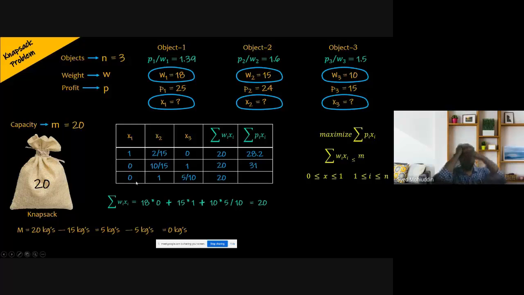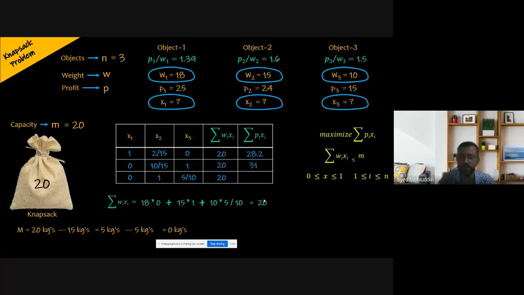So our solution, the fractions we have, is 0 for x1, 1 for x2, and 5 by 10 for x3. If we compute its weight, 18 into 0 plus 15 into 1 plus 10 into 5 by 10 will give us 20. The whole knapsack is filled.